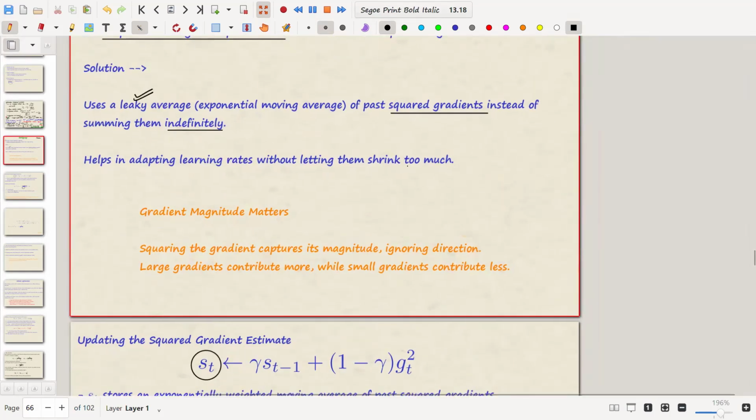You will see that usually what happens here is that learning rates shrink very much. And if learning rates shrink very much, you already know what happens.